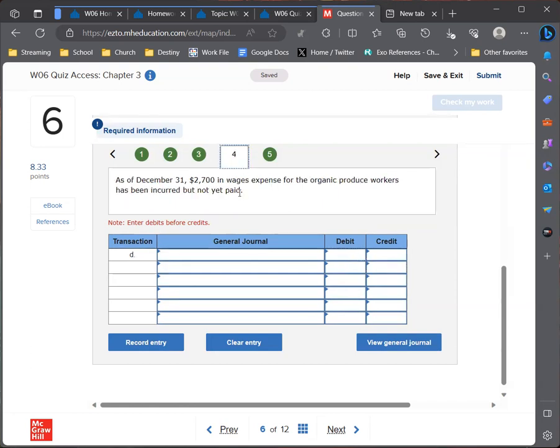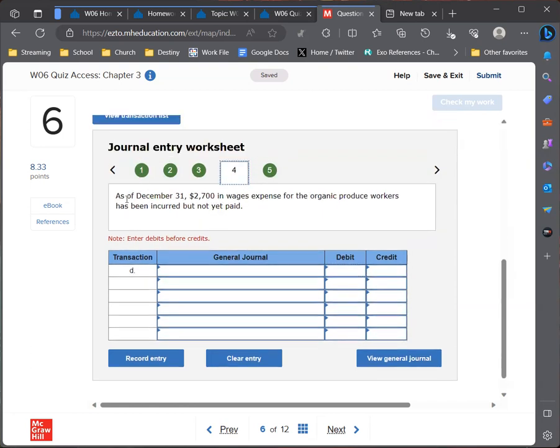All right, next question. It says, question 4, as of December 31st, 2,700 in wages expenses for the organic produce workers has been incurred but not yet paid.